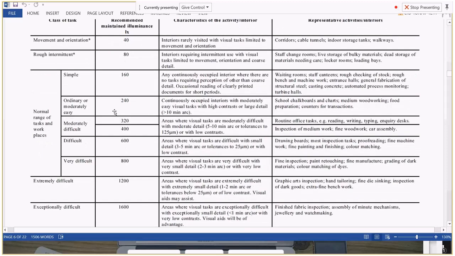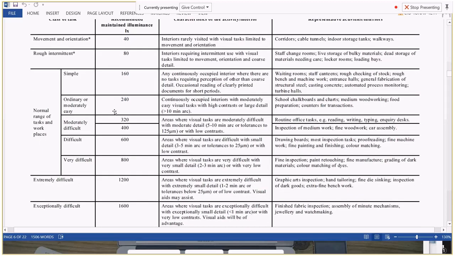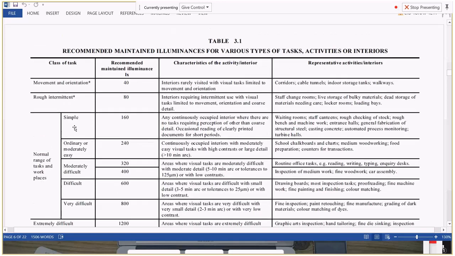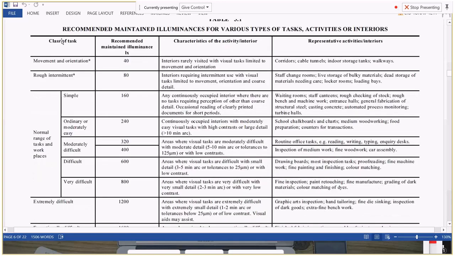So first of all, it'll be about having a look at that level 1. Our level 1 is an office space. So we have to think about, okay, what's going to be used? It's going to be used for general office tasks. And then we'll have a look down this column here, looking at that class of tasks. So movement and orientation, rough, intermittent, and to gain a bit more insight into that, you can go, okay, movement and orientation: interior is rarely visited with visual tasks limited to movement and orientation.